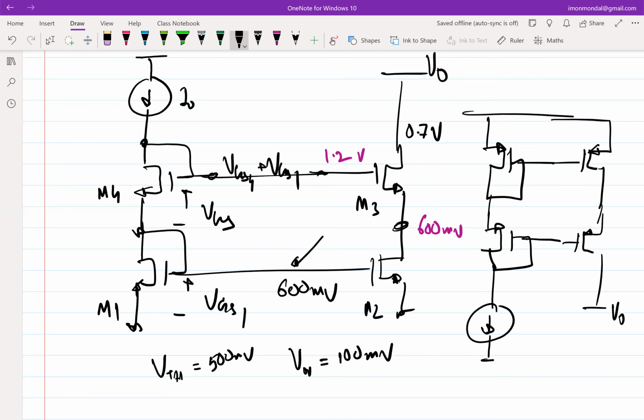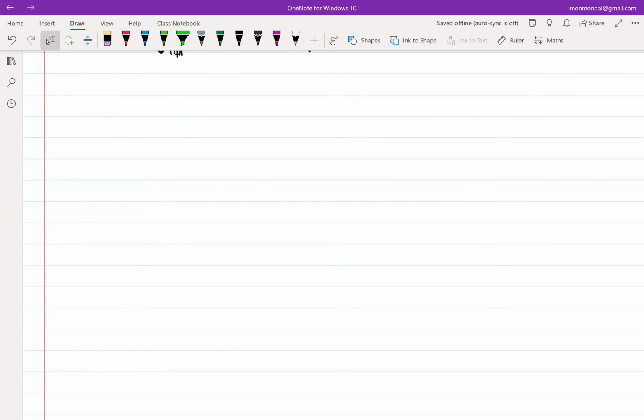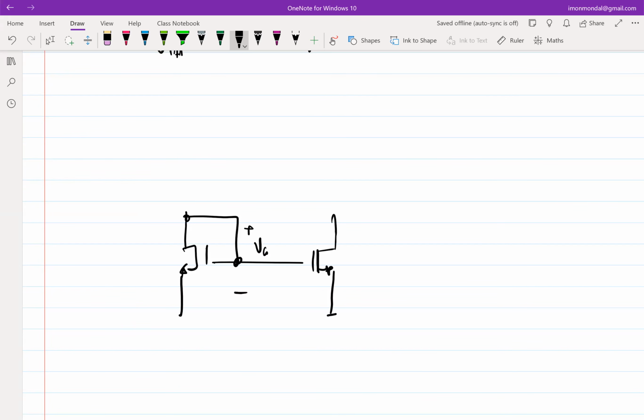And if we attack the problem from this perspective, things kind of become obvious, because ultimately the root cause is if I diode connect here, then this will obviously always be VGS. And for proper mirroring, I need a VGS here.